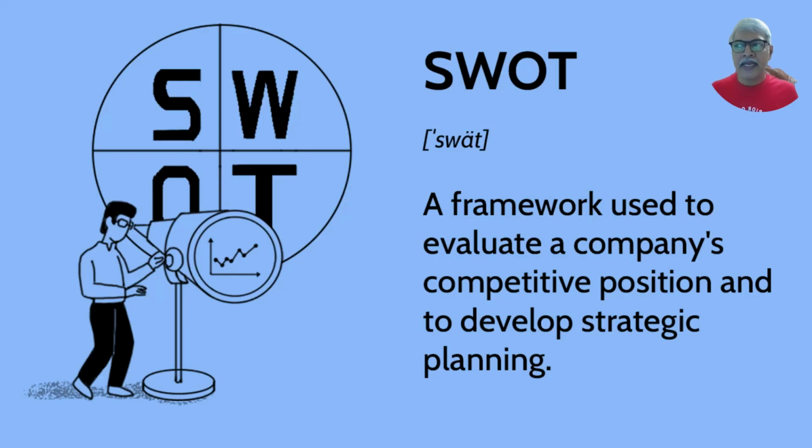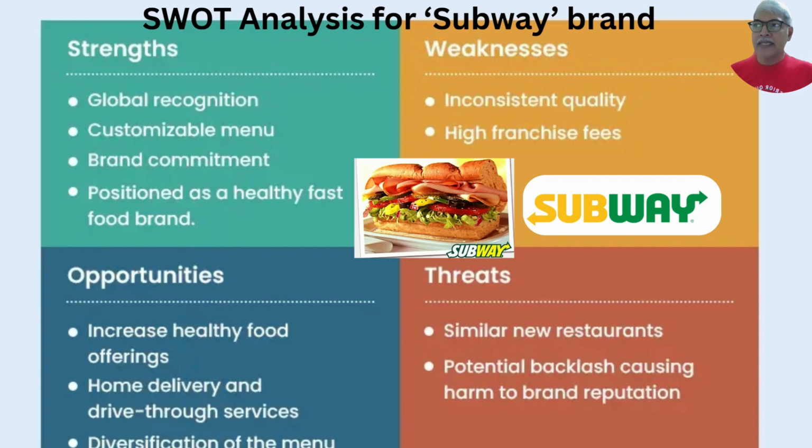The SWOT analysis, the strengths, weaknesses, opportunities, and threats, is a framework used to evaluate a company's competitive position and to develop strategic planning. So let's try a SWOT analysis for a very popular brand, Subway. This is a sandwich brand, and naturally, you have to see what all the strengths are.